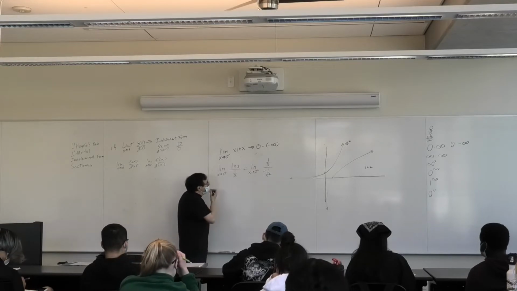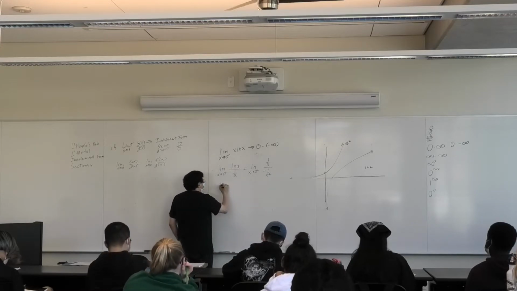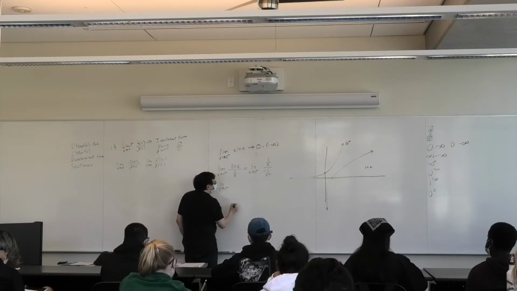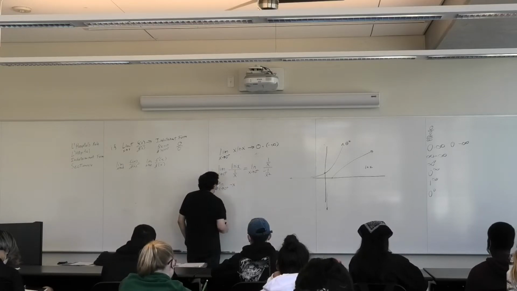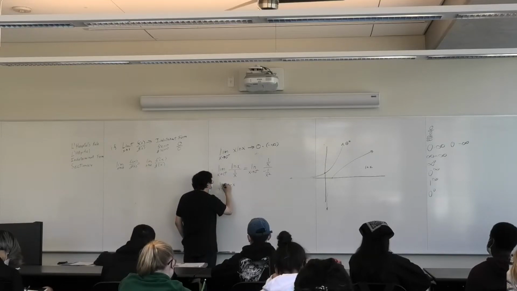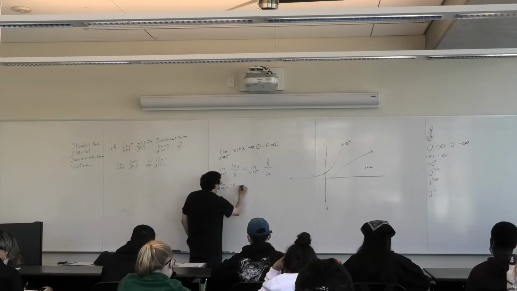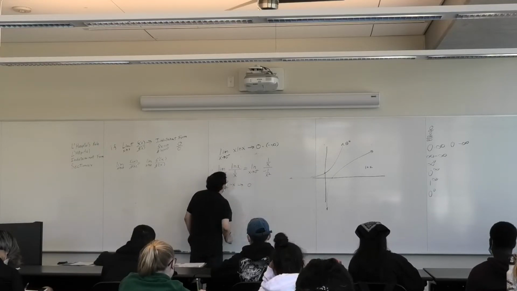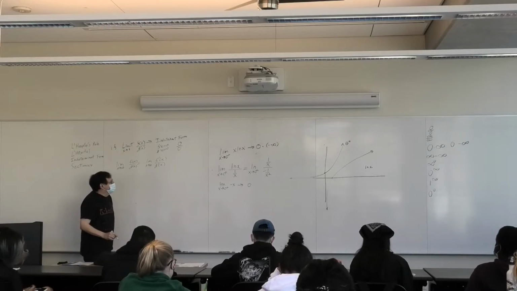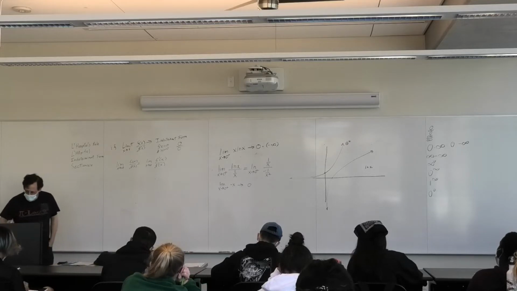Using our limit rules, you can see that this is just the limit of negative x as x approaches 0 from the right, which of course goes to 0. I'd like to see that. I really would.